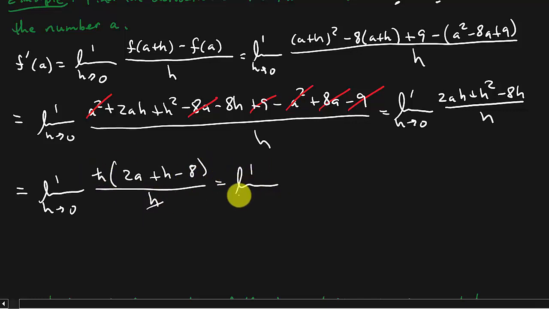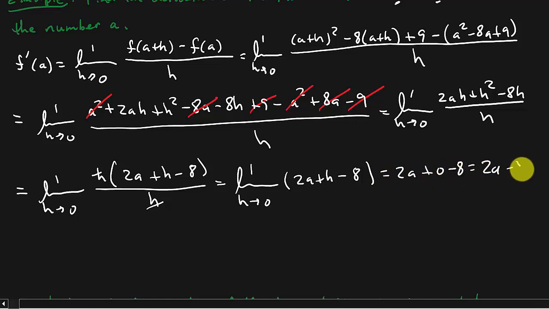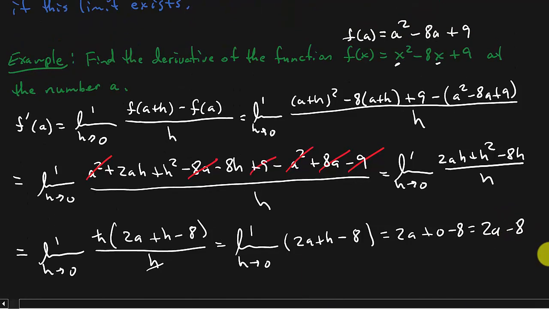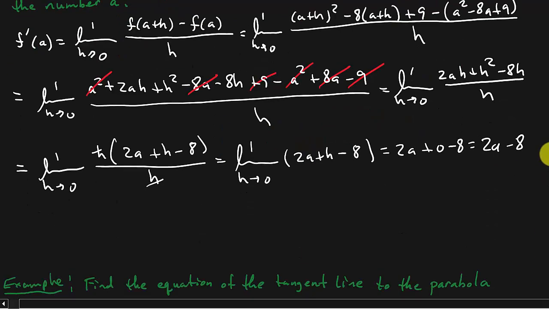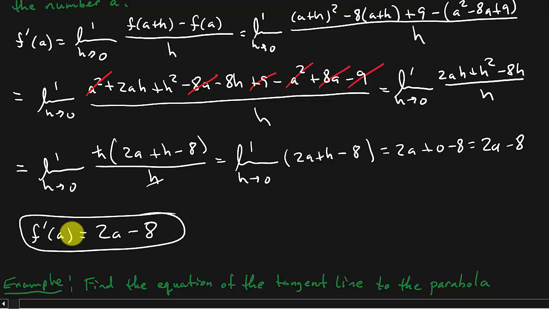So that's the limit as h goes to 0 of 2a plus h minus 8. That's 2a plus 0 minus 8, which is 2a minus 8. So our derivative f prime of a is equal to 2a minus 8. And that's what they were wanting in that problem, the derivative at a.